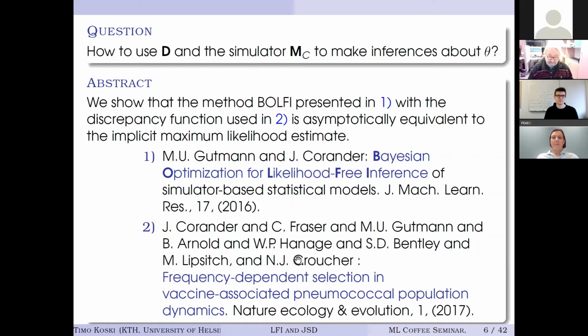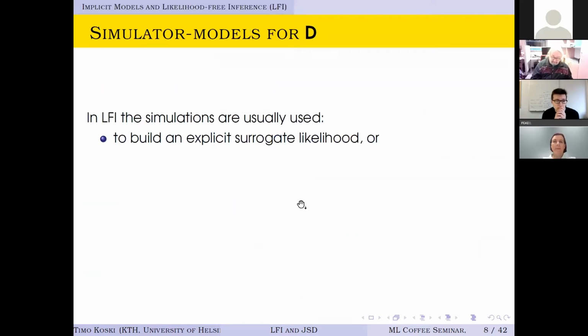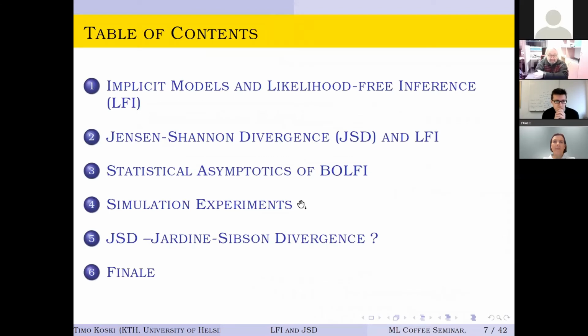Now, I haven't defined implicit likelihood. I haven't defined discrepancy or divergence, but that's part of my talk here. I will start by defining implicit models and the situation of likelihood-free inference, and then I'll give the discrepancy, which is the Jensen-Shannon divergence, and connect that to LFI, likelihood-free inference.